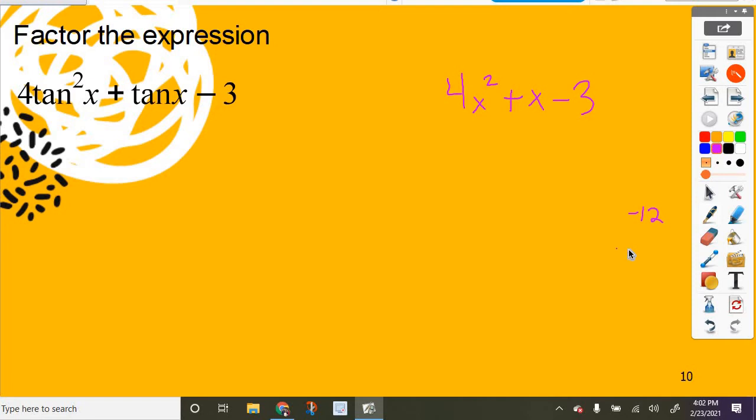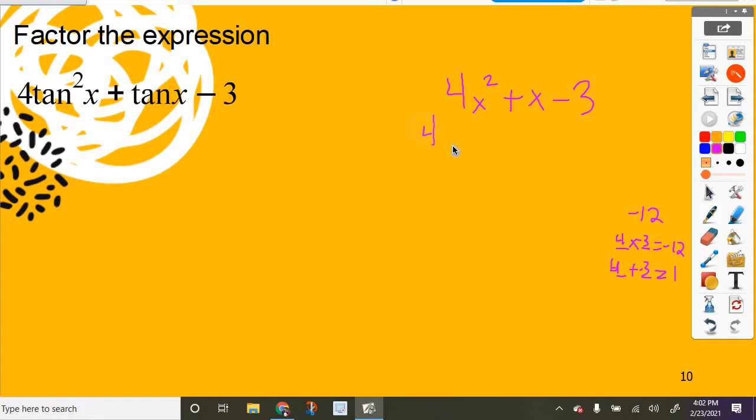So I'm looking for 2 things that multiply together to give us negative 12, that add together to give us a positive 1. Well, that would be a positive 4 and a negative 3.